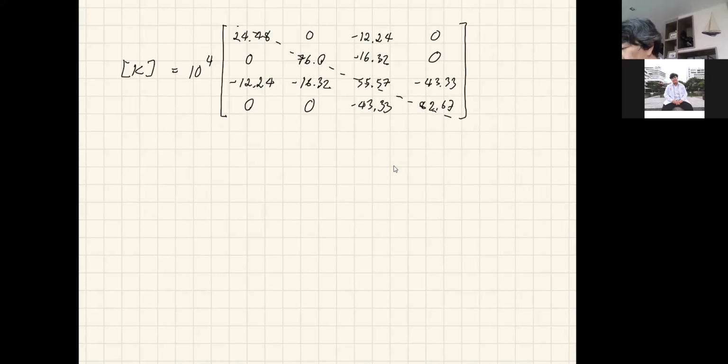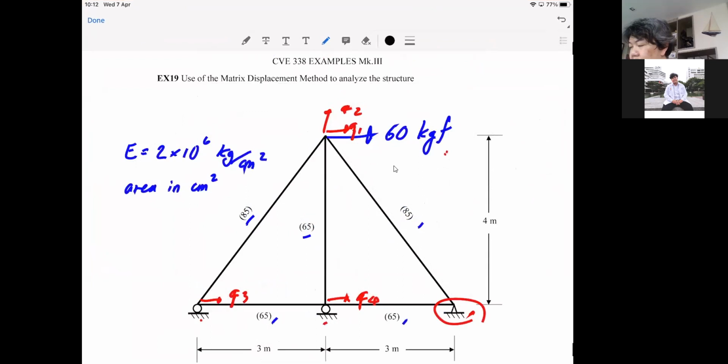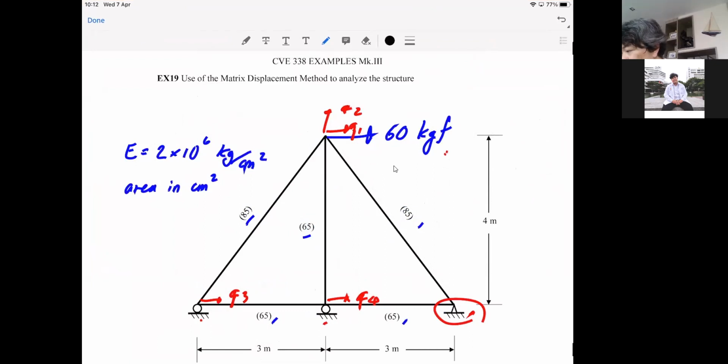And now go back to your structure. You can construct your force matrix. Okay, so let me go back to this. All right, you can see now that your force is in Q1 direction. As I said last week, if you apply the force where you don't have the degree of freedom, it's no use because it's not going to do anything to your structure, right?